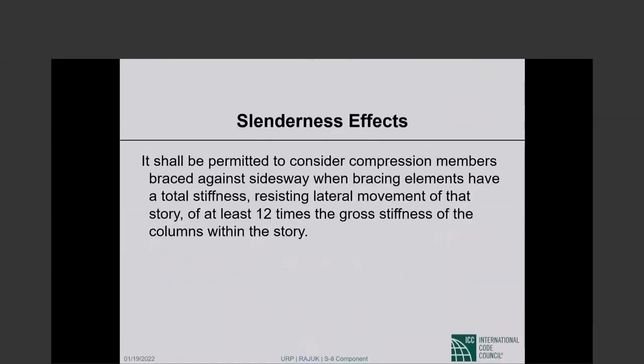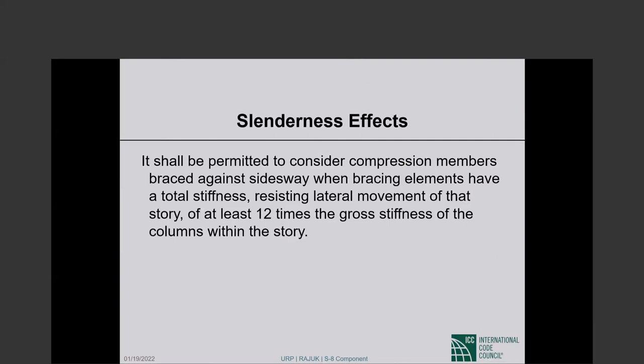It shall be permitted to consider compression members braced. This is again very important. So braced versus unbraced, sway versus non-sway.